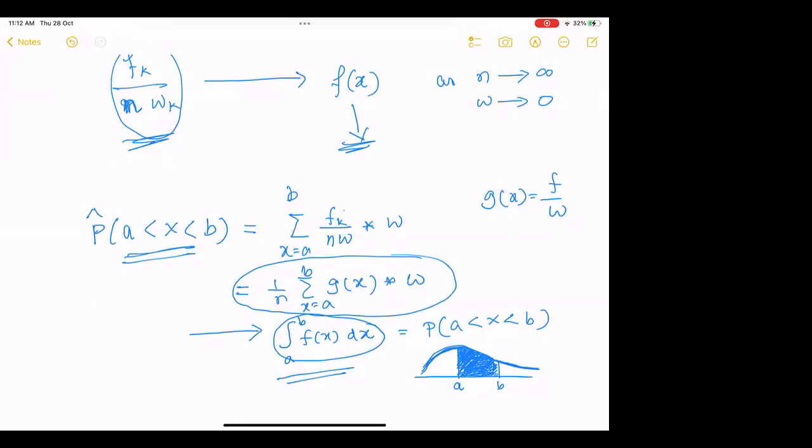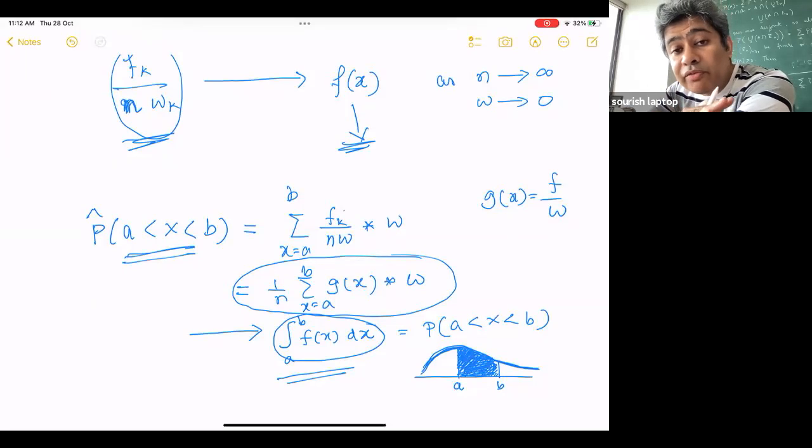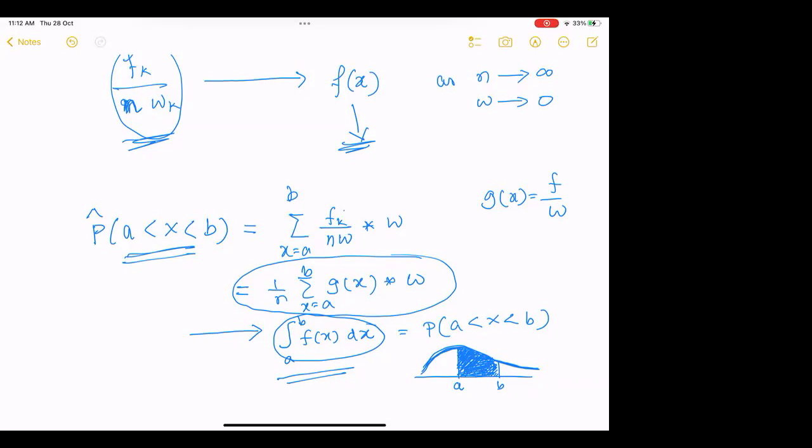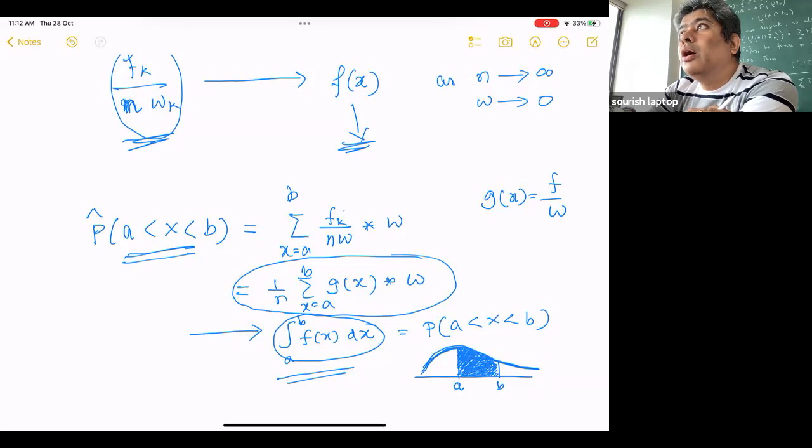Sir, if we are taking a sample from a discrete random variable, then... Discrete is a completely different story. I'm only talking about continuous random variables. Discrete random variables are counts, like the number of goals scored by a home team or the number of insurance claims in a particular month.